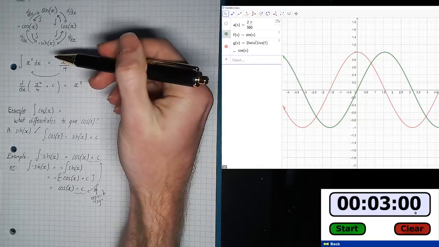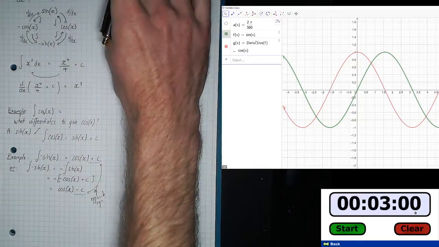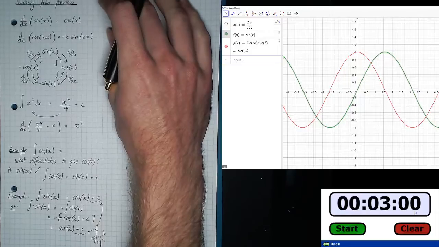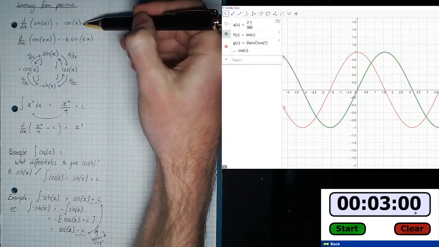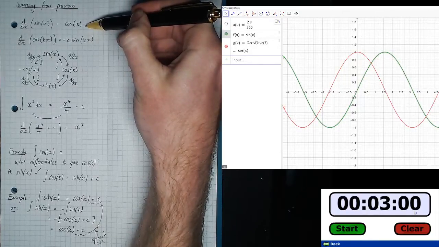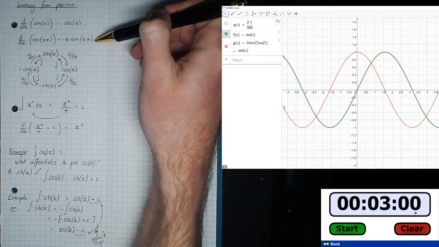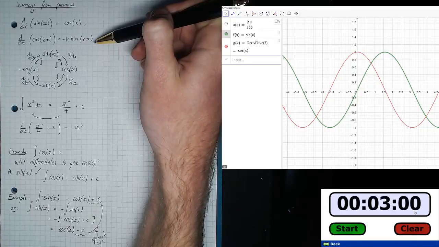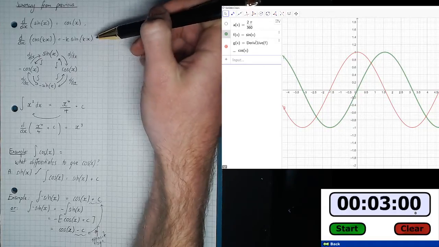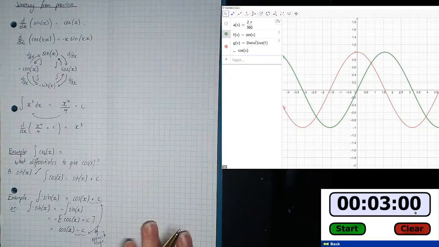But one thing which we haven't thought about yet is what happens with the number inside.